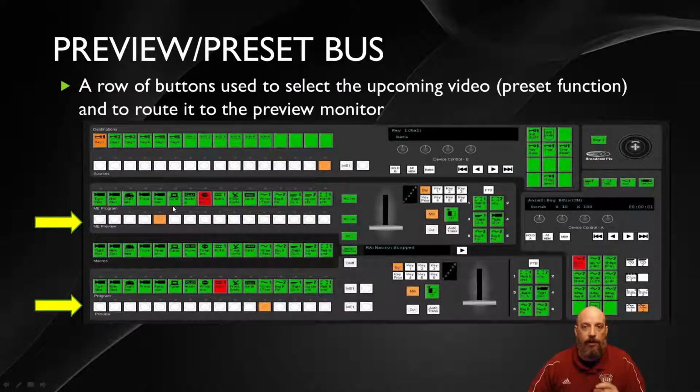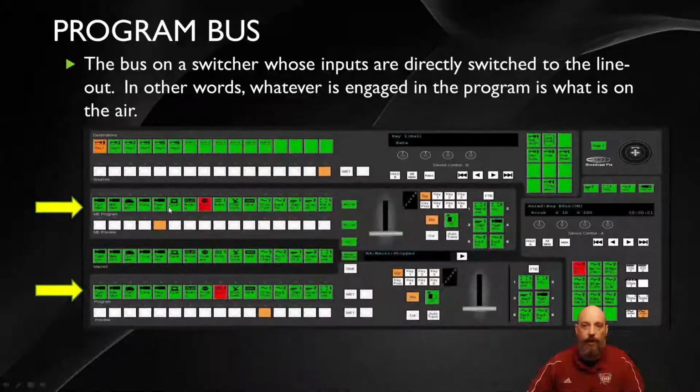Now, I talked about a moment ago that our switcher has the ability to switch two different sources. The way that's set up is each of those switchers has a program and a preview. The board is usually denoting that if it's a white button like these buttons over here, and those buttons, anything that's in white tends to be a preview to let you look at it before it goes on the air, as opposed to things that are in a green row.